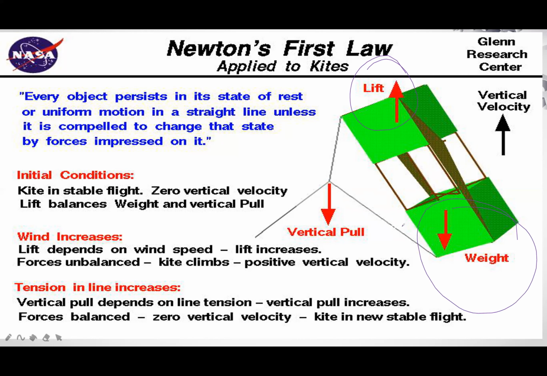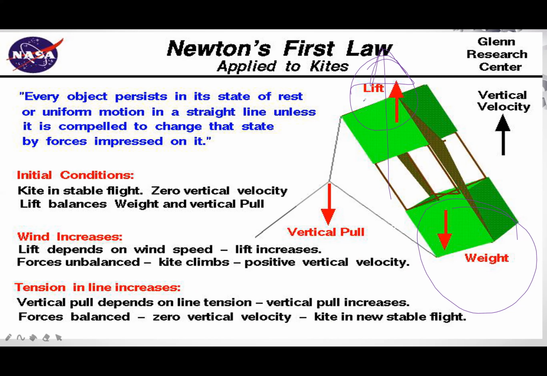But if the wind increases, lift depends on wind speed, so lift increases, the force is unbalanced, and the kite climbs with positive vertical motion. If you increase the wind speed, the upward force increases, so the kite will move in the upward direction.